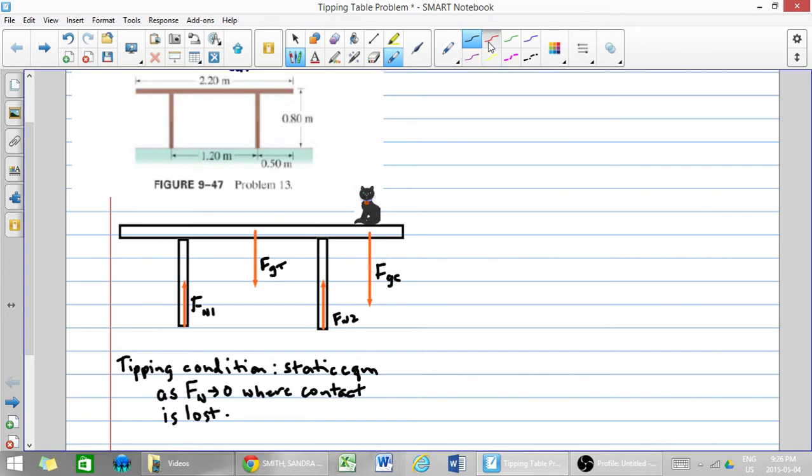So we'll be solving this problem with that force equal to 0.